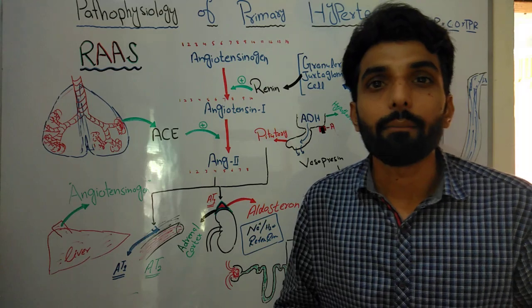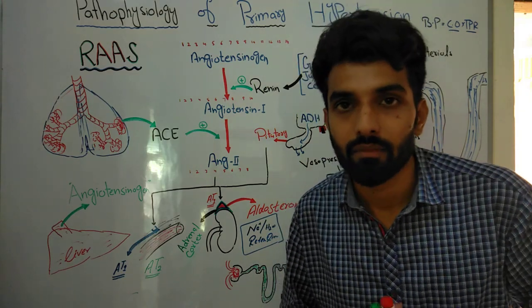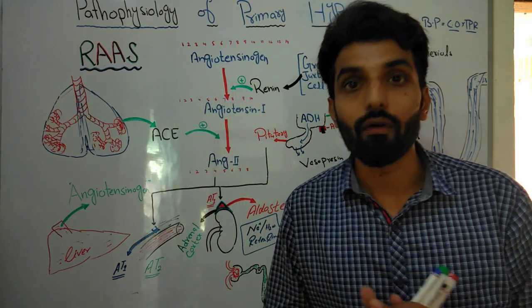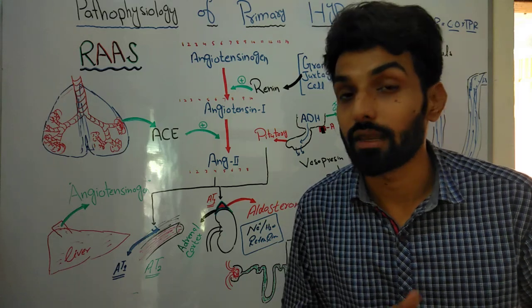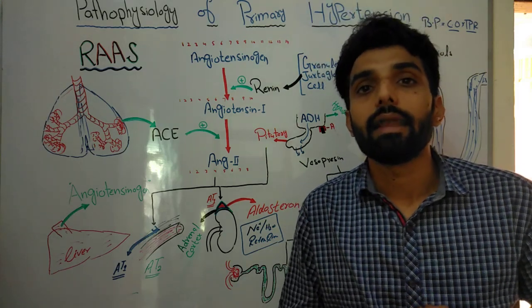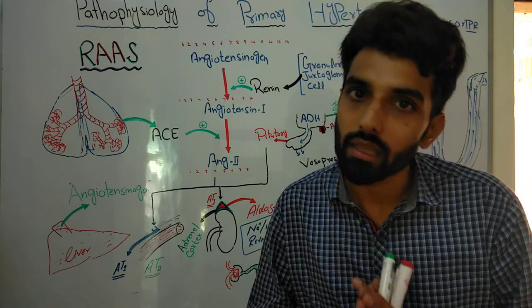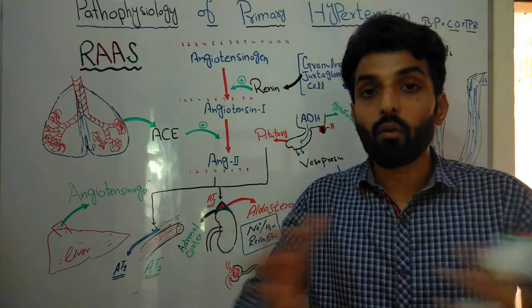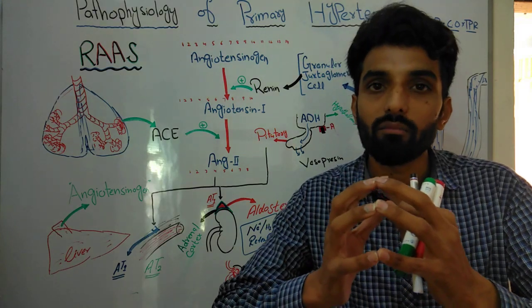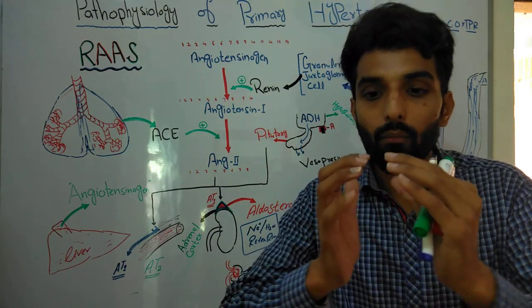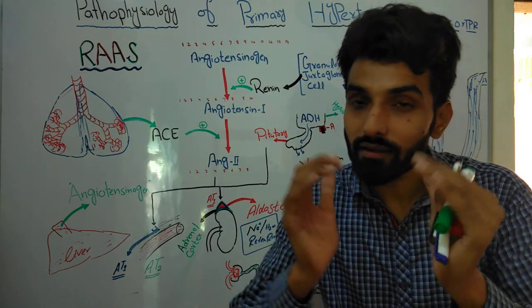So if the blood volume increases, in the previous video while explaining the Frank-Starling law, I have explained that when the blood volume increases, the diastolic volume will increase. When blood volume will increase and diastolic volume will increase, it means that more blood will go into the ventricle.